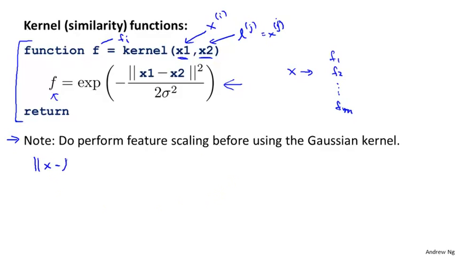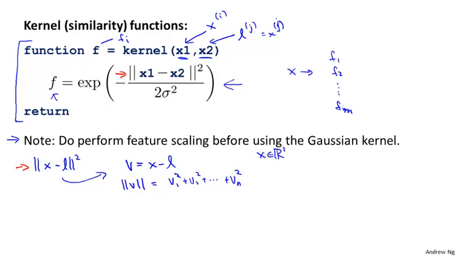If you imagine computing the norm between x and L, right? So this term here is sort of like the numerator term over there. What this is doing, the norm between x and L, is really saying, let's compute a vector v, which is equal to x minus L, and then let's compute the norm of this vector v, which is the difference between x and L. And so the norm of v is really equal to v1 squared plus v2 squared plus dot dot dot plus vn squared, because here x is in Rn or Rn plus 1, but I'm going to ignore x0.